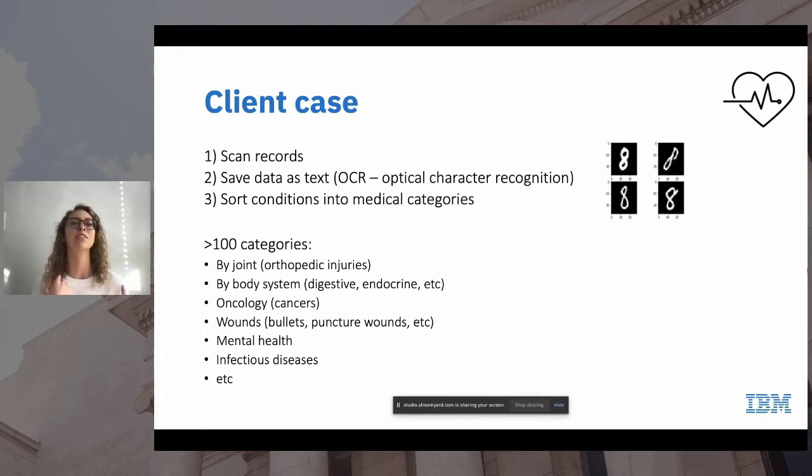So you have a wrist specialist, an elbow specialist, a shoulder specialist, etc. And then you get into the internal medicine, like the body systems. You probably remember those from 8th grade biology. You have your digestive system, your respiratory system, your endocrine system, and extra points if you know what the endocrine system does. So we had a lot of different categories that we needed to be able to sort these strings of text into.